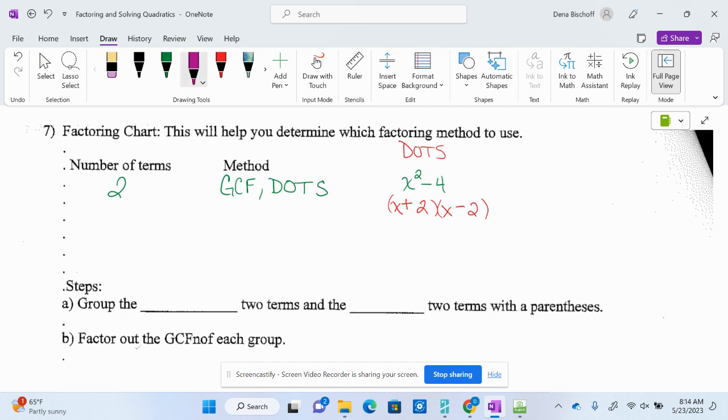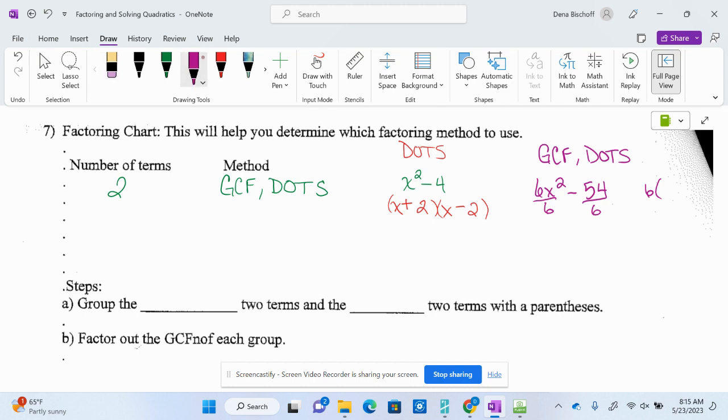Another example would be if you had a GCF with a difference of two squares, and I'm going to say 6x squared minus 54. So I can take out a 6 first for both of these. I'm going to take a 6 out. And when I do that, what do I have left?